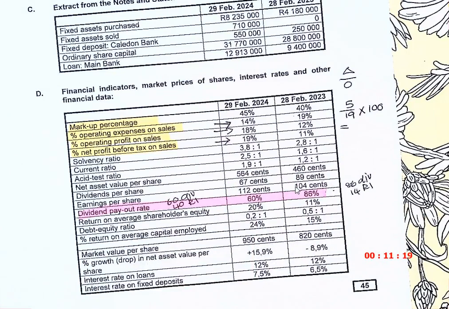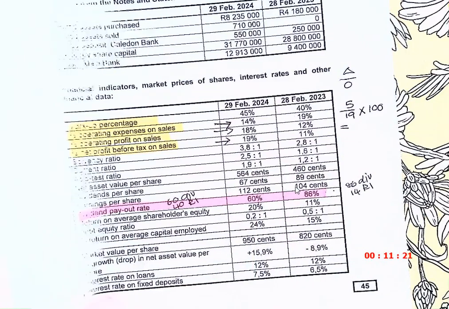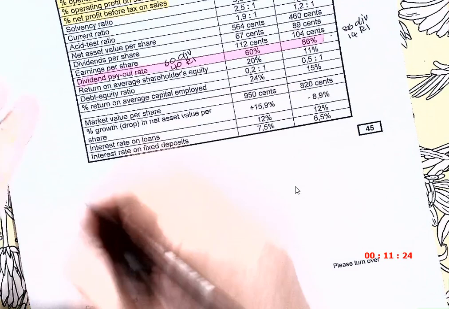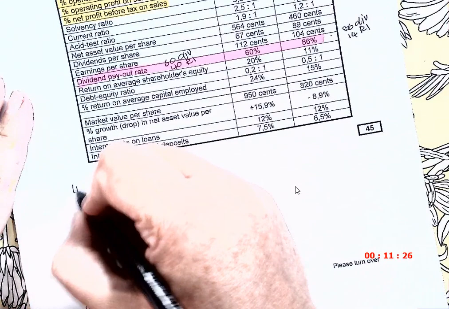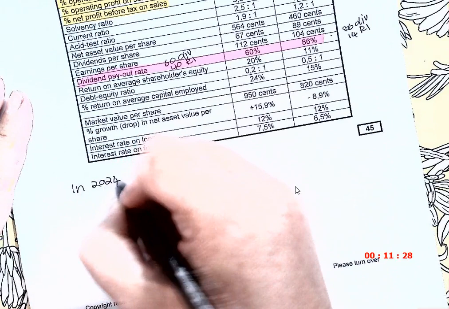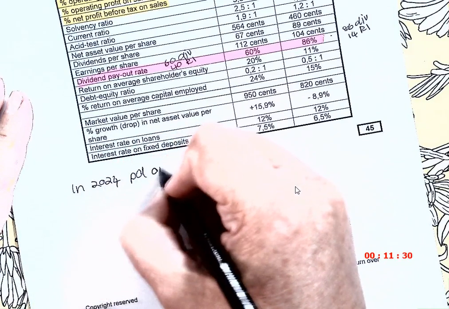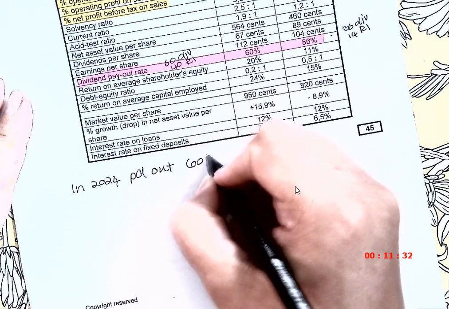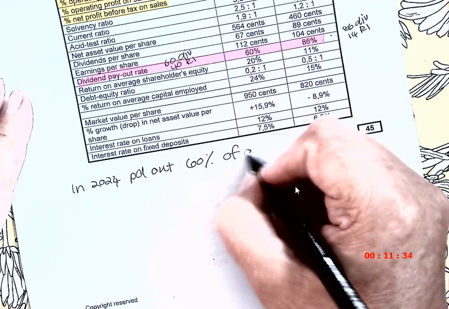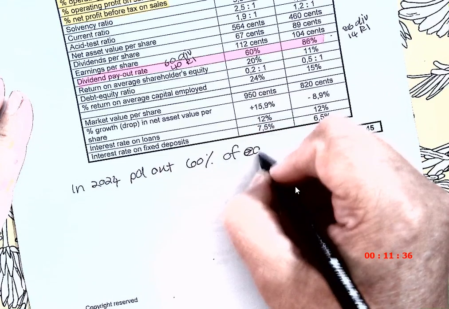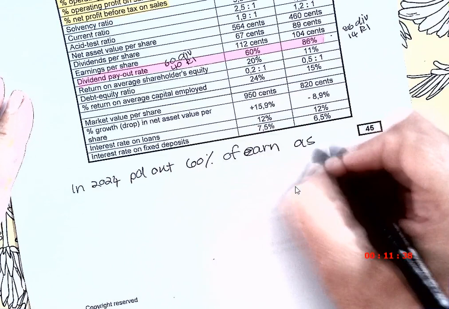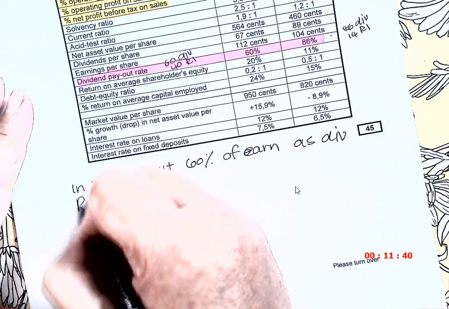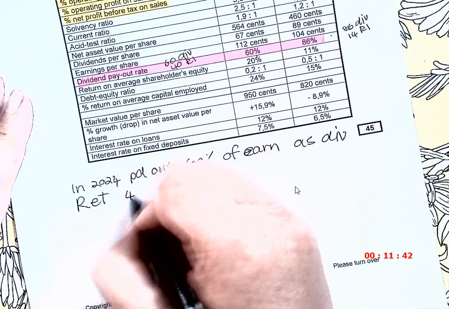So you're going to keep it simple. This is what I will answer. I will say, in 2024, paid out 60% of earnings as dividends, retained 40%.